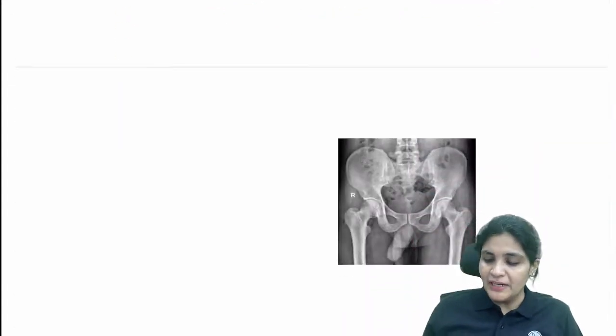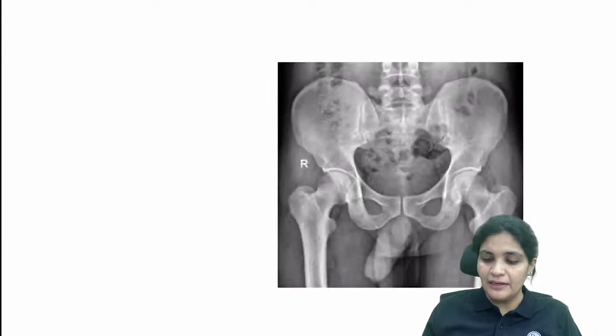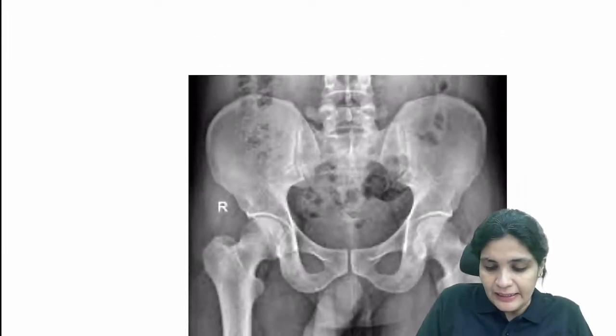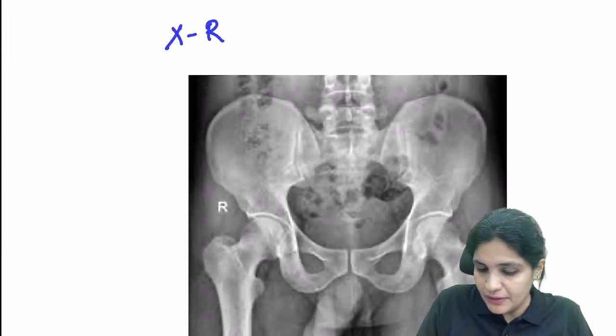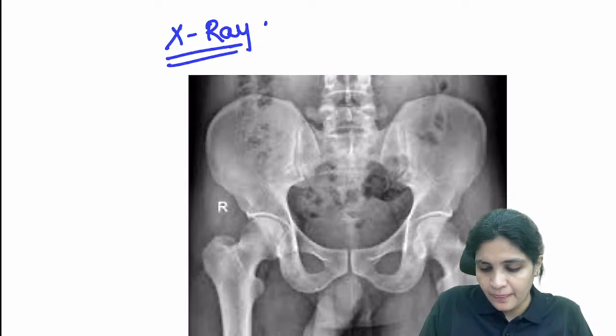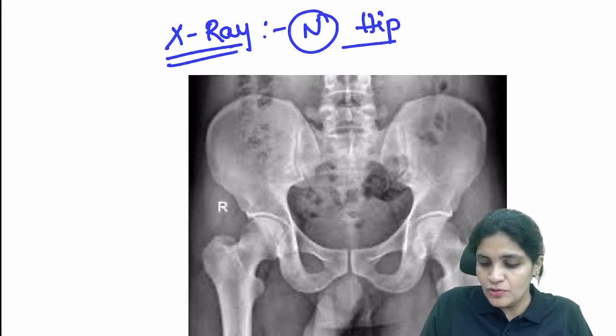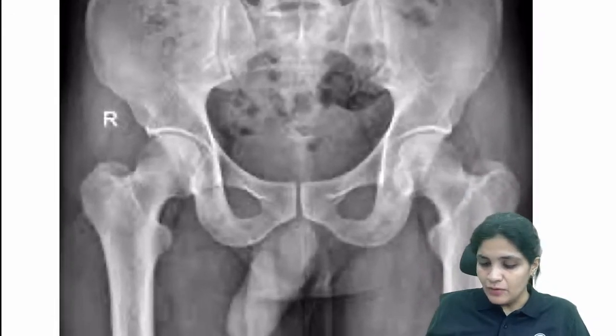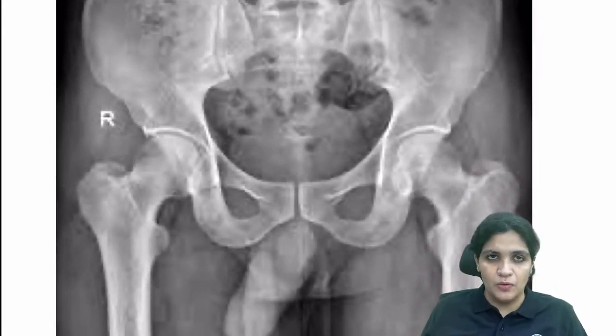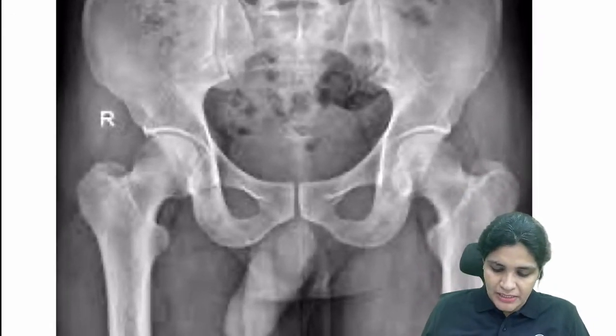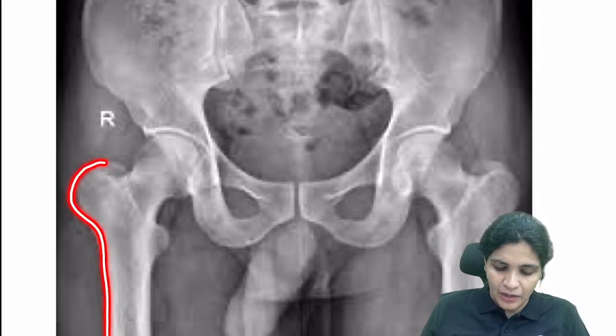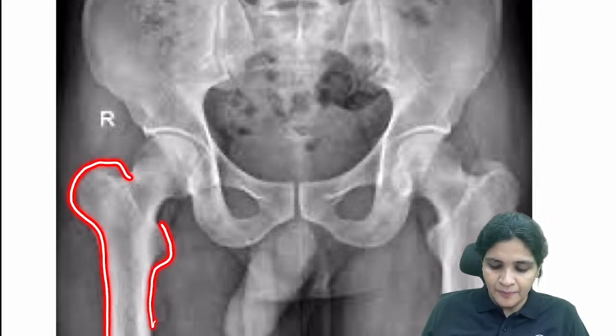And then once we are done with the examination, not to forget how to read the X-ray. Reading the X-ray is one of the most important things. This is the X-ray of a normal hip. What you have to read, always start from outside to inside. So you can start with the GT, outside, then LT, right?